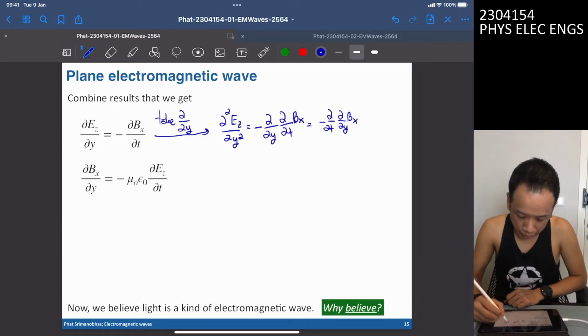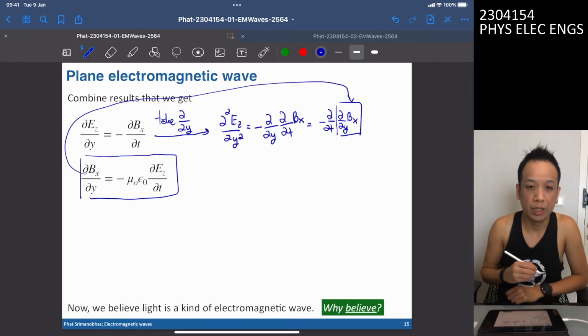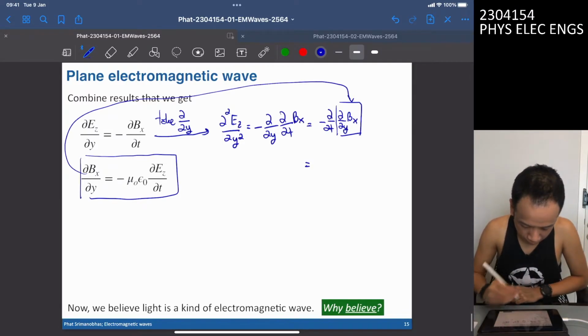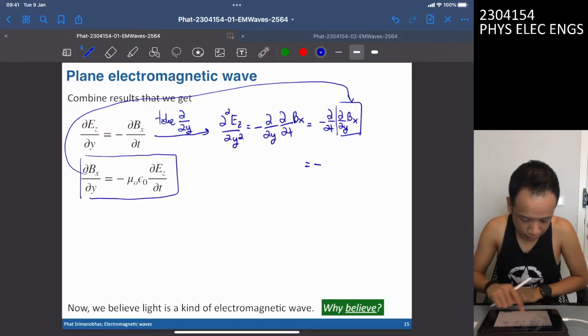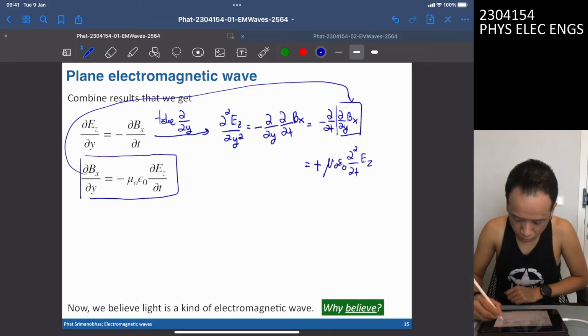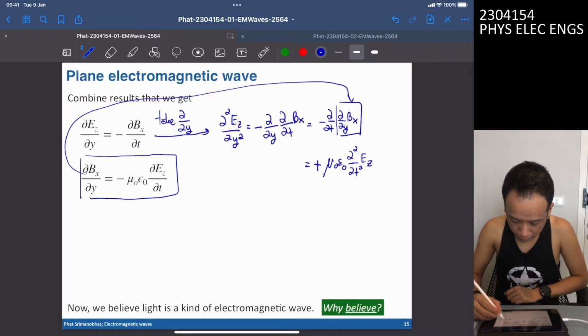Okay. And then you can see that d by dy of Bx is basically this equation, right? So you just plug it here. So it becomes minus times the minus, which becomes plus mu 0 epsilon 0 times the second derivative of Ec with respect to time.